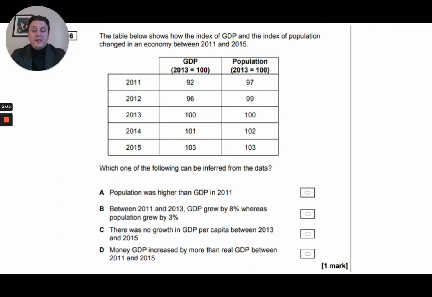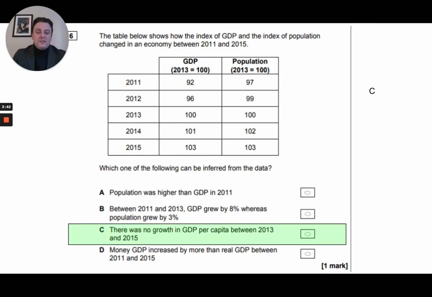And money GDP increased more than real GDP between 2011 and 2015. Which one is it? It's C, there's no growth in GDP per capita between 2013 and 2015. Okay, so you can see that in 2013, the GDP is 100, population is 100. That's the base year. And in 2015, the GDP is 103 and the population is 103.